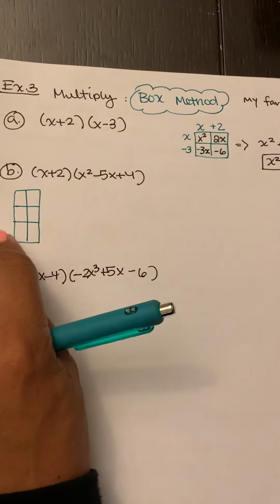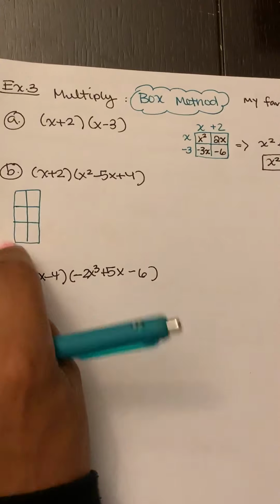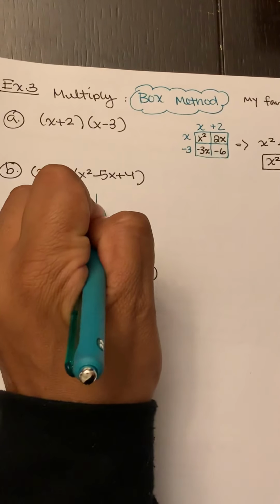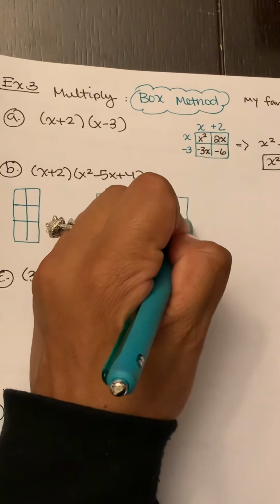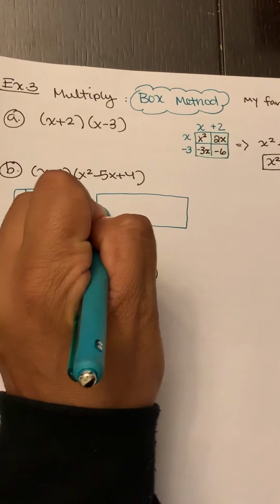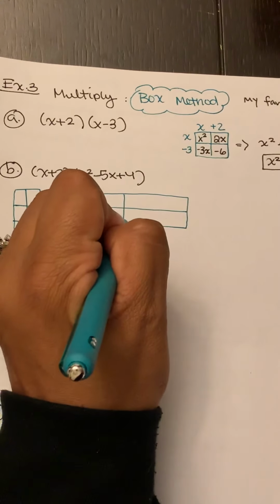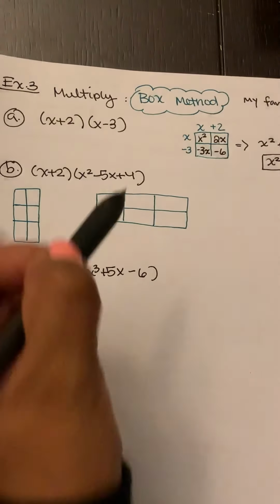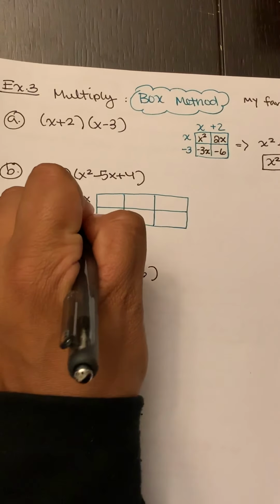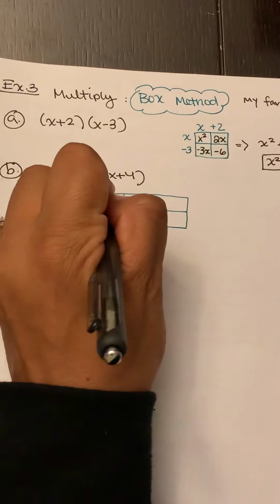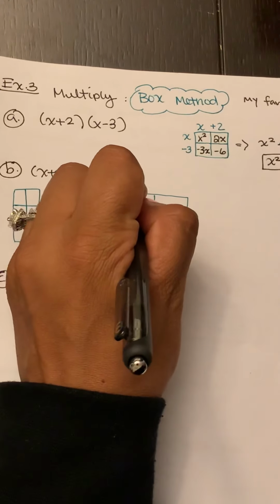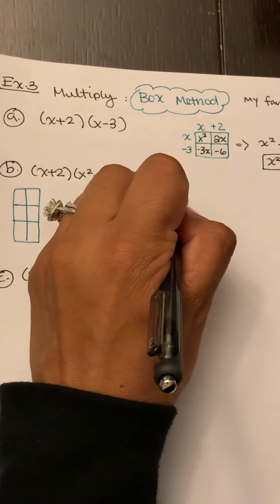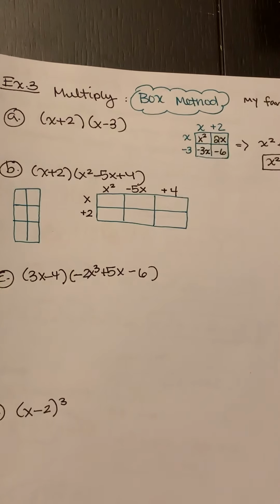Here, you're going to have to write x squared minus 5x plus 4, or you can create a box like this. Okay, and I'm going to go ahead and use this box. Plus 2, and here we have x squared minus 5x plus 4. And you're doing the exact same thing that we did before.